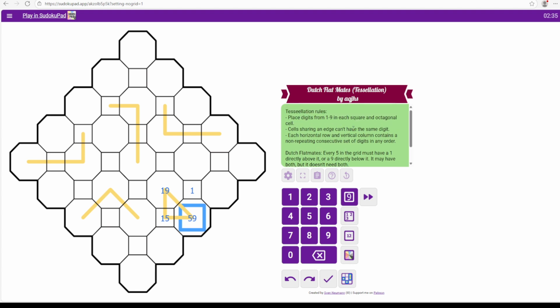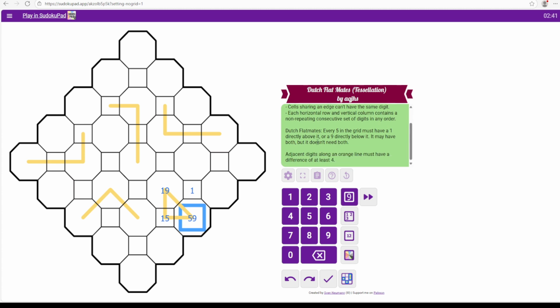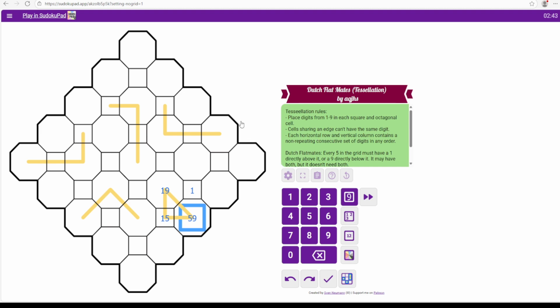Tessellation properties. I think I'm sort of understanding how this one works. So, what else?